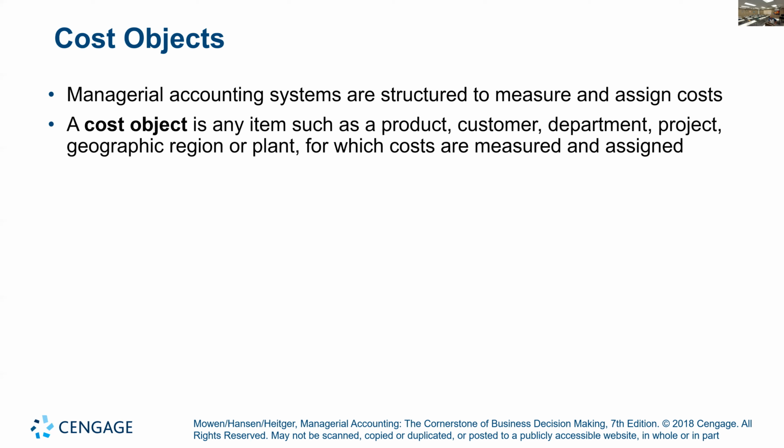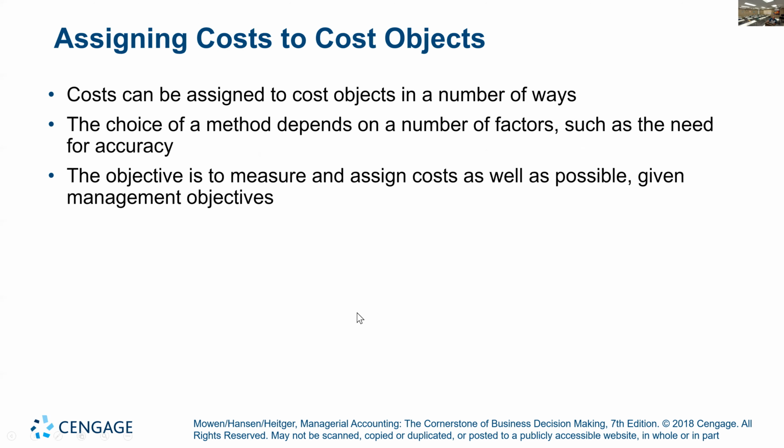So the car sales would be your cost object, and you want to find out how much in overhead, how much are we paying for our labor, how much in inventory do we have to hold to make one sale, stuff like that. It can be anything you want to find a cost on.